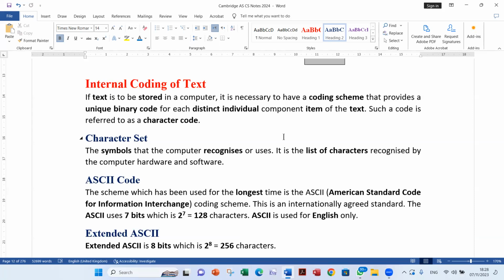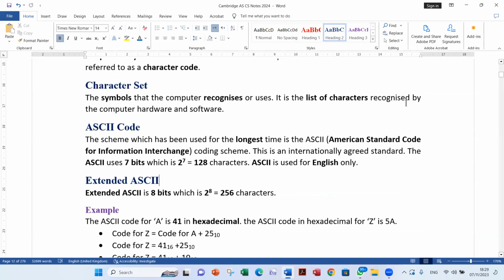Such a code is referred to as a character code or character set. Okay? This is in general. So a character set, the symbols the computer can recognize or use. It is a list of characters recognized by the computer hardware and software. You need to know the definition of a character set.